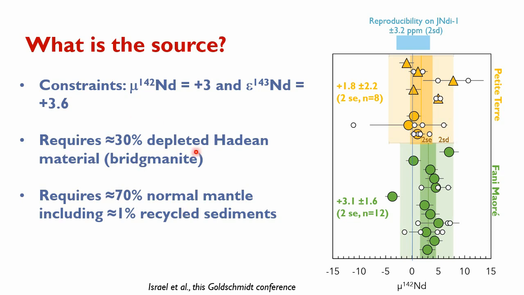This 30% depleted Hadean material, so what is it? We believe it's basically the crystallized bridgmanite that was formed during magma crystallization when the magma ocean crystallized, okay, at the very beginning of the Earth. We think that's what it is.